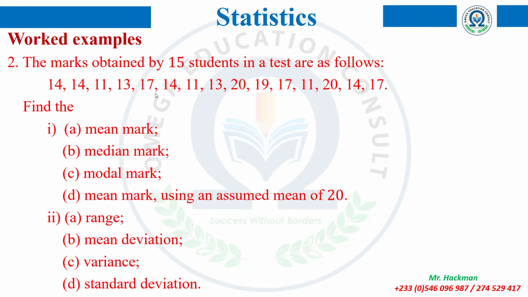And I've taught you how to move from the raw data to its corresponding ungrouped frequency distribution table. So use the table in doing this for me, though the information is in the raw form. Change it to the table.